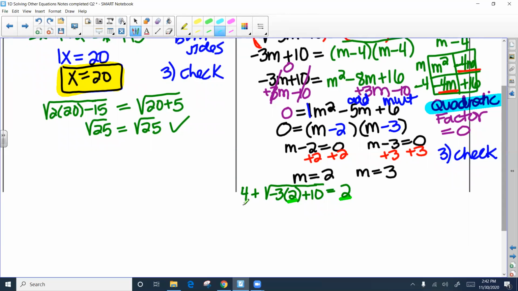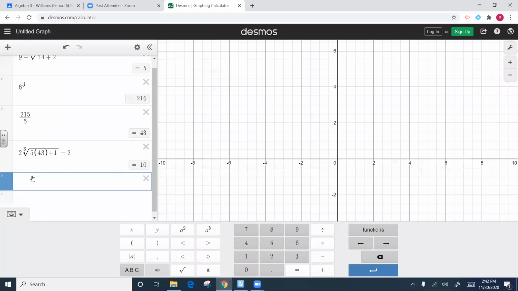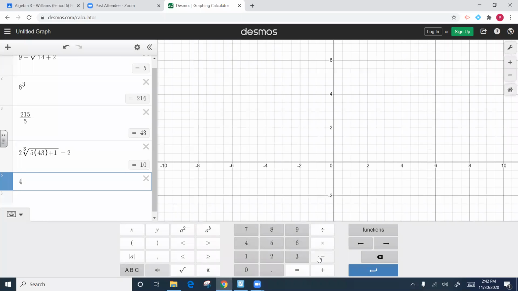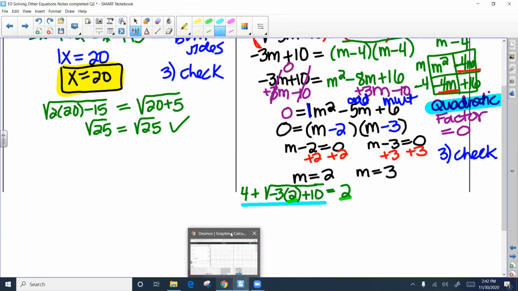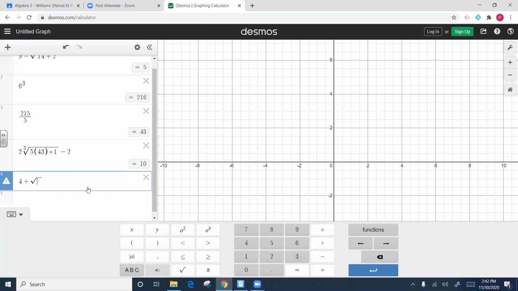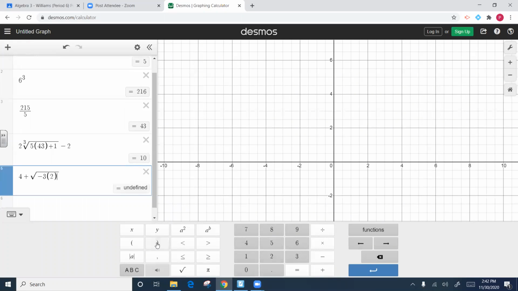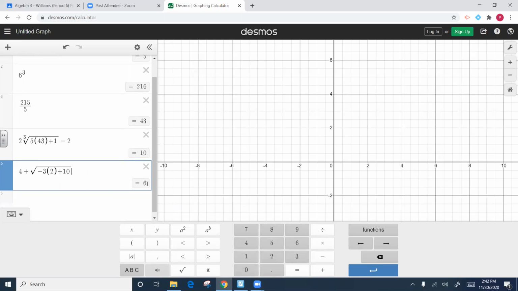So I'm going to plug this side into the calculator and see what I get rather than doing it by hand, although feel free to do it by hand as well. So if I plug that into the calculator, it was 4 plus square root of -3 times 2 plus 10. Okay. All right, and that gives us a 6.